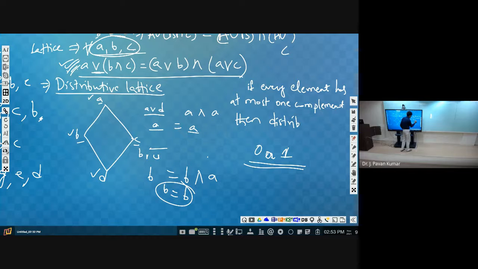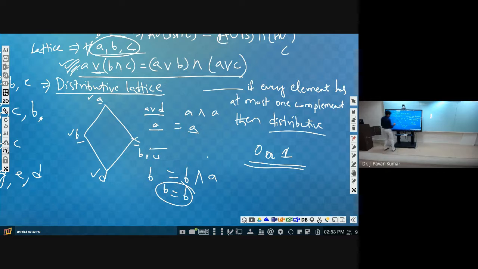Instead of checking all the triplets, we simply calculate the complement of each and every element. If every element has either 0 or 1 complement, then we can say it is a distributive lattice. This was the trick we have seen.